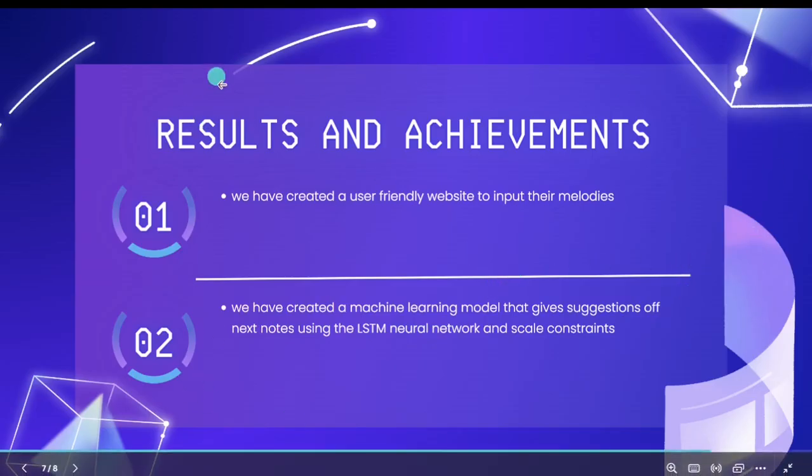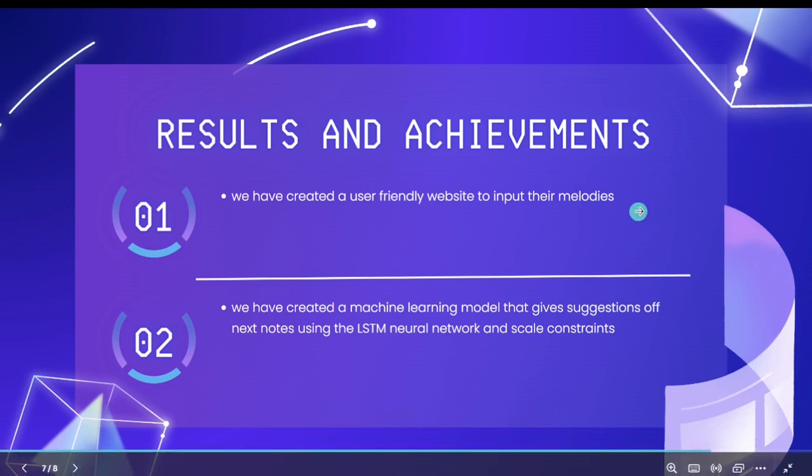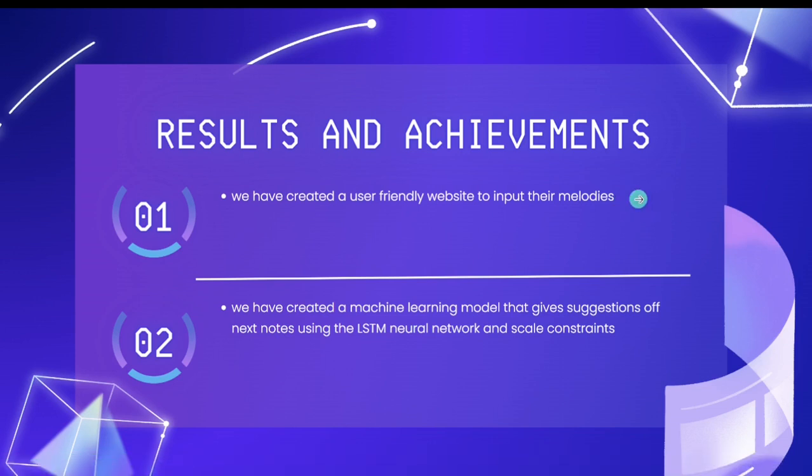In terms of results and achievements, we have created the machine learning model that gives us suggestions of the next note, and we have also created a user-friendly website for users to input their melody. So we are pretty proud of that within these 24 hours. What we wish to achieve in the future is that we plan to integrate these two together. Initially we were just planning to do the machine learning model, and we decided that was really good already.